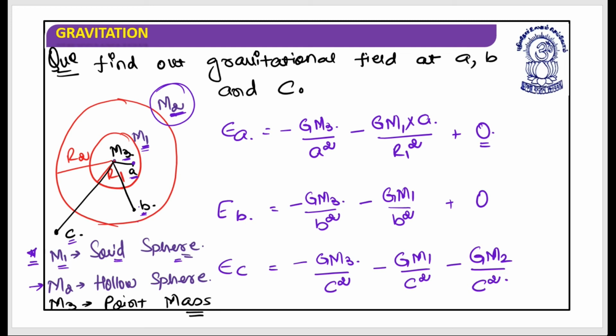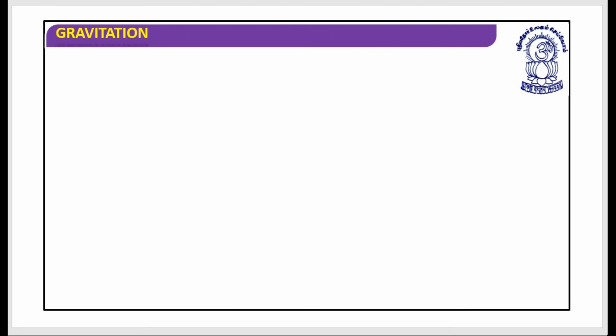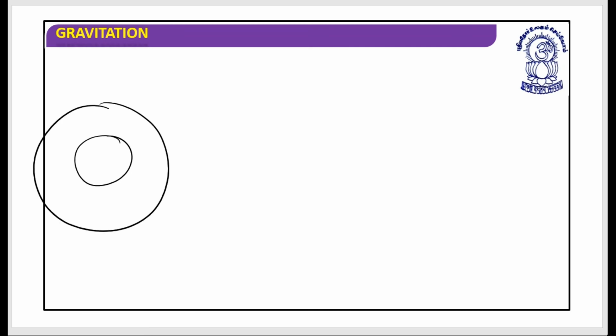Great. So ready for one more question based on potential. This is about the gravitational field. Now let's write it down, the same thing for the potential as well. Let me draw this. This is the first object, this is the second object, and this is the center.